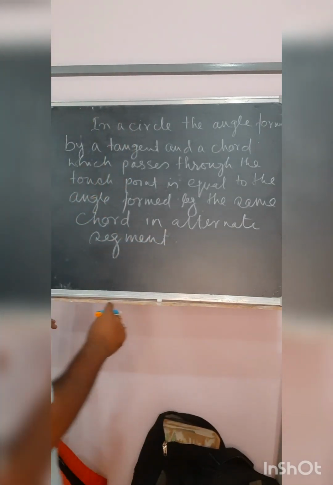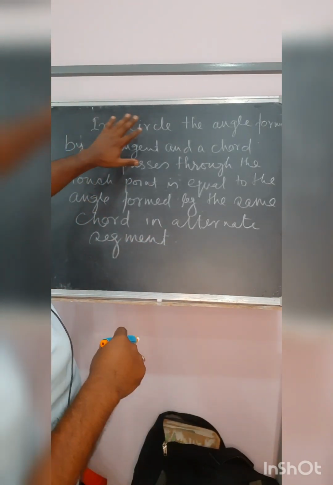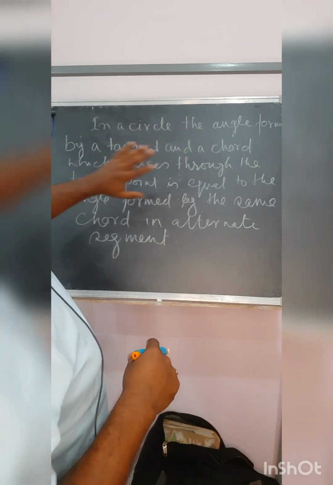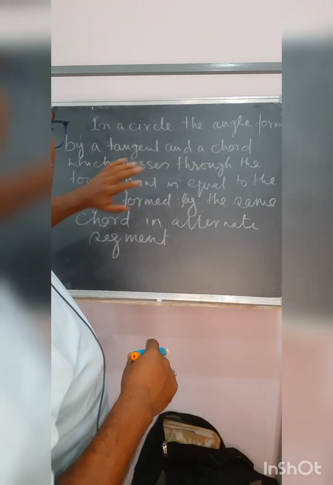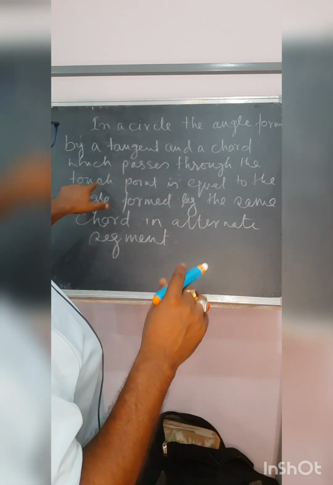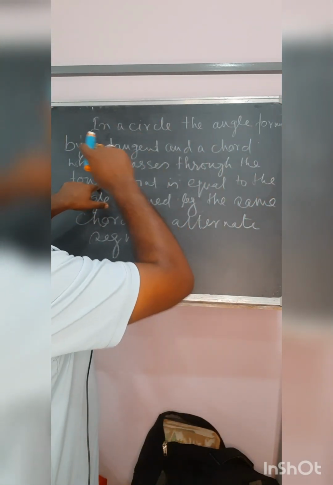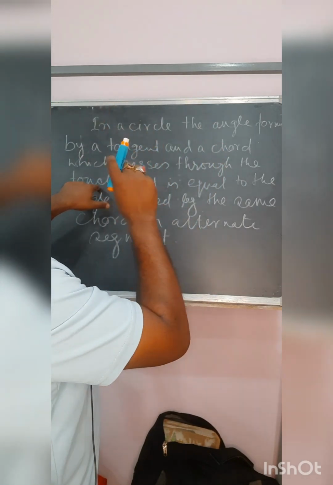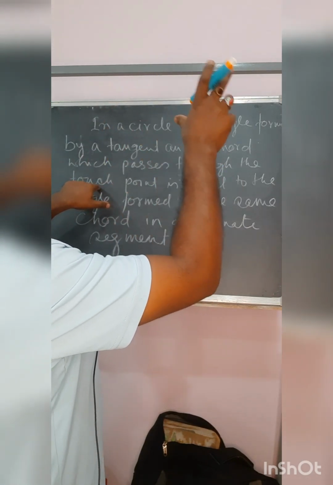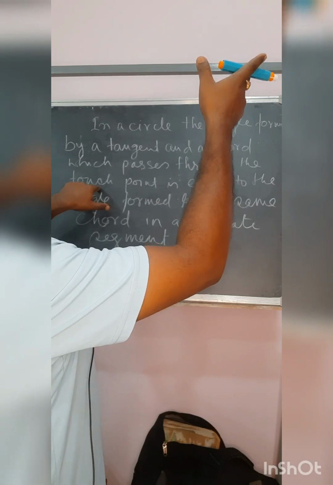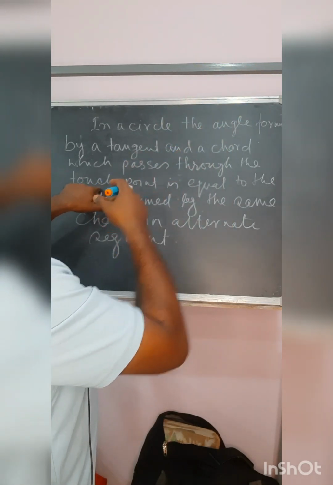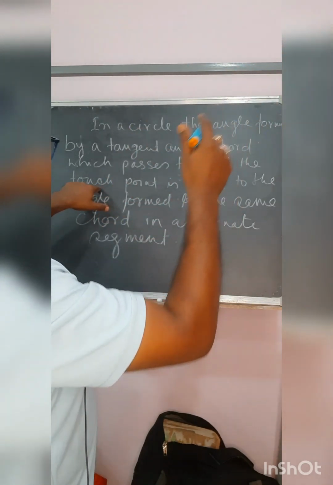So let me read it for you first. In a circle, the angle formed by a tangent and the chord which passes through the touch point. Touch point means the point where the tangent is touching the circle. A chord is drawn from the same point to another point on the circle.